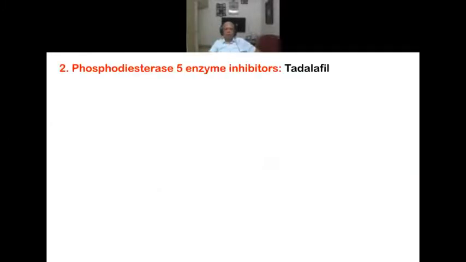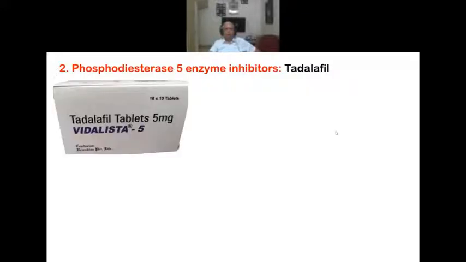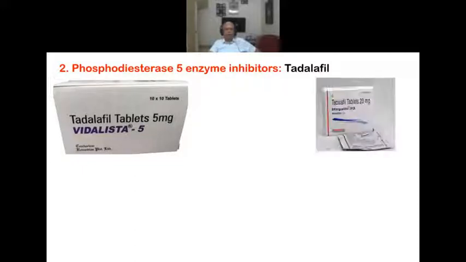Then the second variety of drugs we use is tadalafil. It is available as 5 milligram tablets, which is actually a phosphodiesterase 5 inhibitor. There are several subfamilies of phosphodiesterase. So what about papaverine and aminophylline?